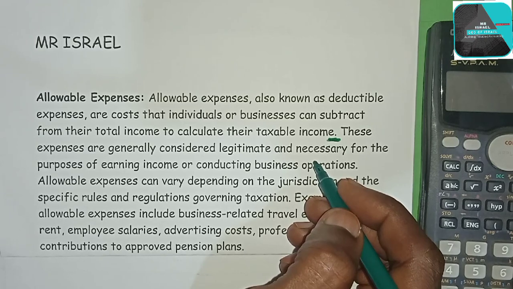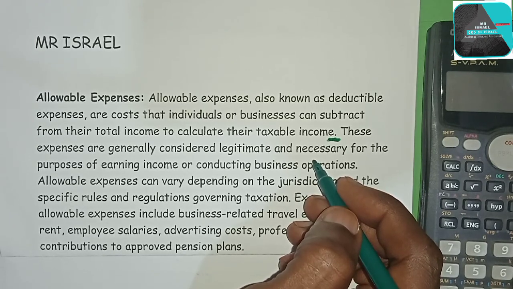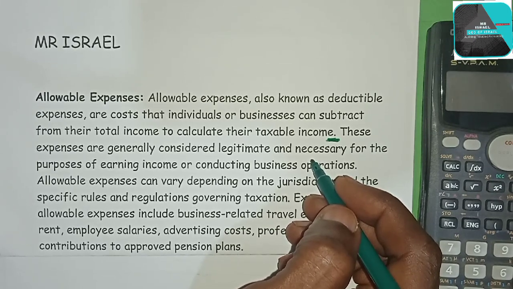Now, there are those deductions. Just listen to me. There are those deductions that companies are what? Allowed to deduct from their income. There are specific expenses that companies are allowed to deduct from their income.